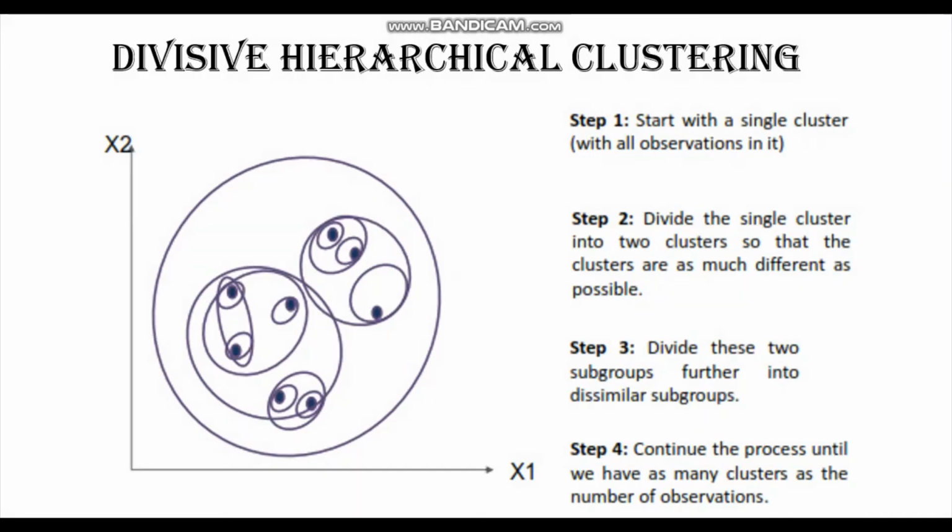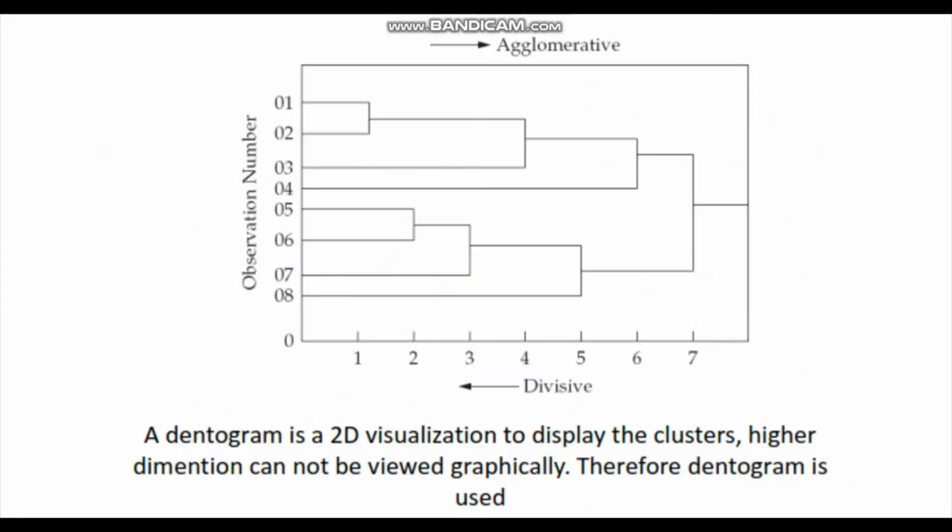Coming to divisive hierarchical clustering, it is just the opposite of what agglomerative does. Agglomerative starts from single points and ends up with the whole group. Here it is the opposite way. It starts with a single cluster. Then, based on dissimilar points inside the cluster, it keeps on dividing the clusters, and finally it ends up with individual clusters.